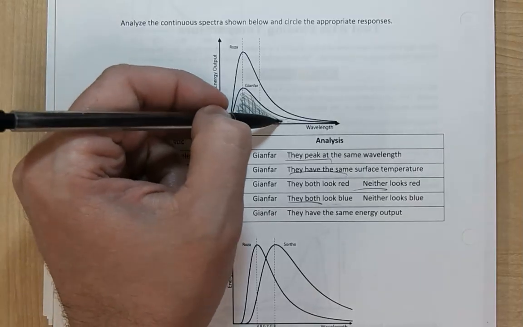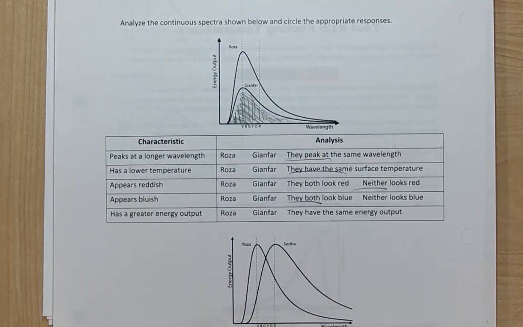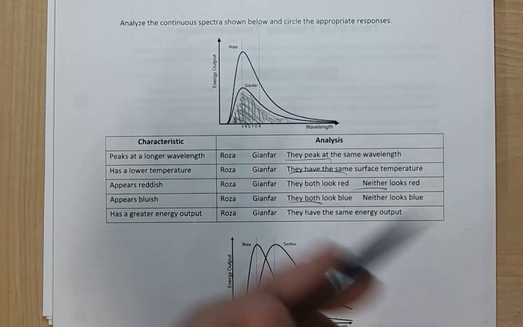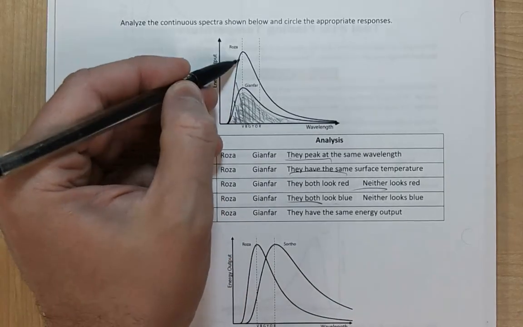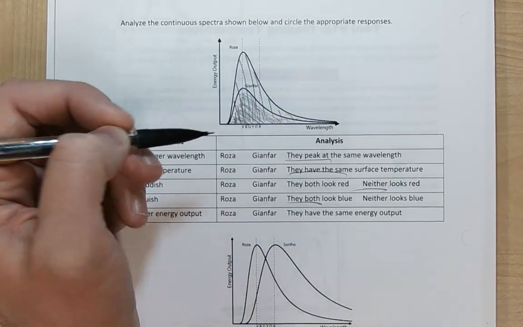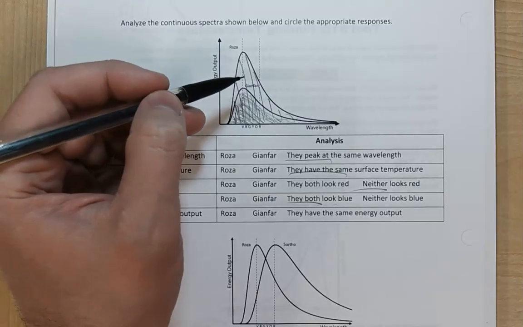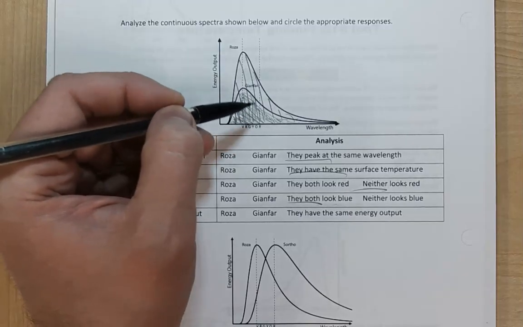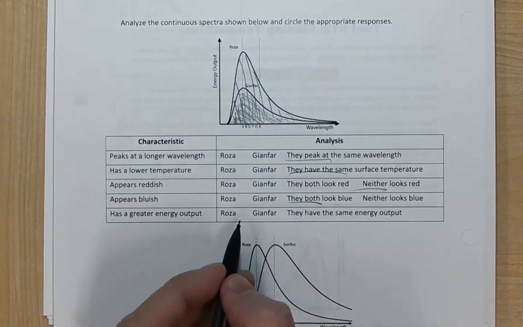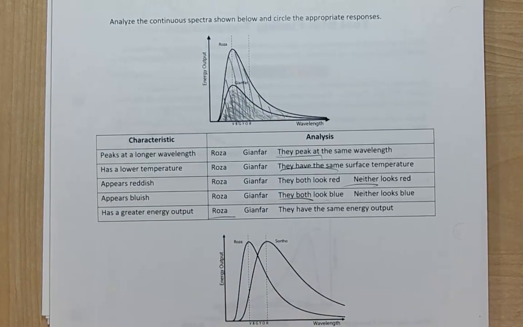Add that all up, and you'll have the total luminosity. So which of these two stars has the greater area under the curve? Well, Rosa's area is bigger. The area under the curve for Rosa is bigger than the area under Gianfar, so Rosa must be the higher luminosity star.